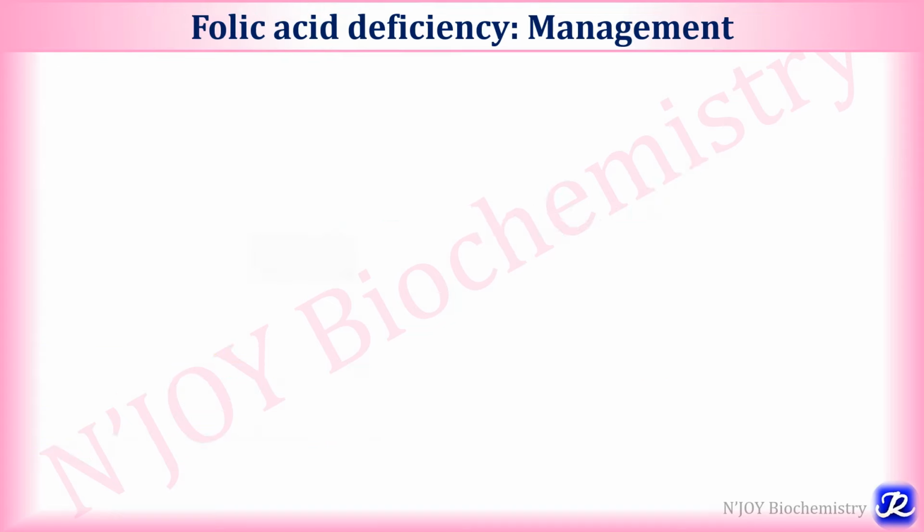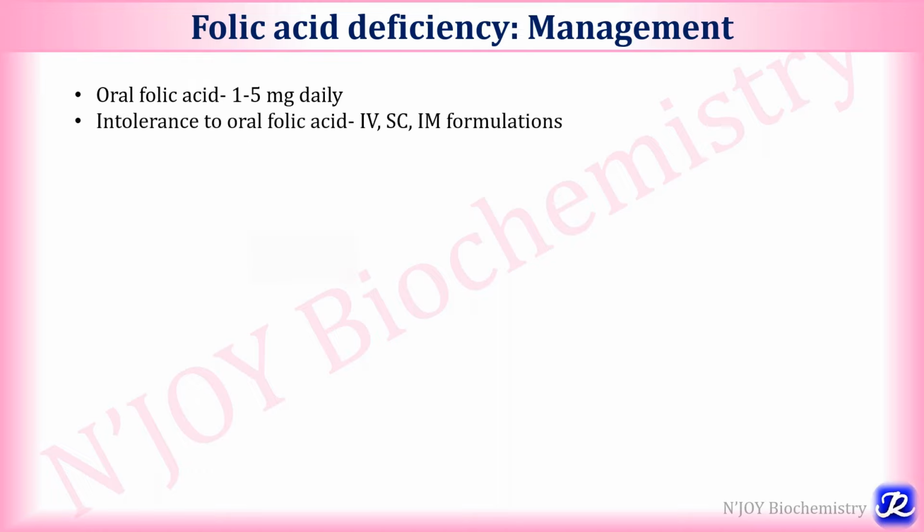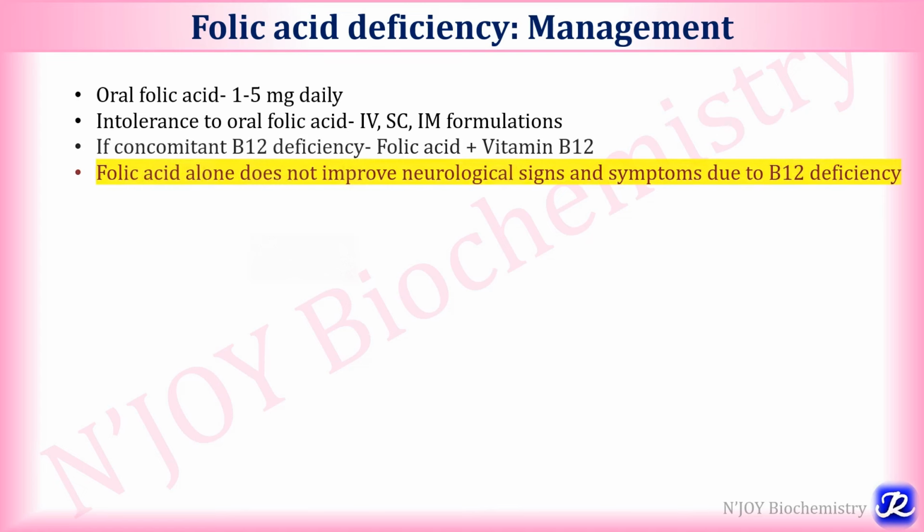What is the management of folic acid deficiency? Oral folic acid is given to the person having folic acid deficiency, about 1 to 5 milligram daily. If there is intolerance to oral folic acid, then IV, subcutaneous or intramuscular formulations can be given.